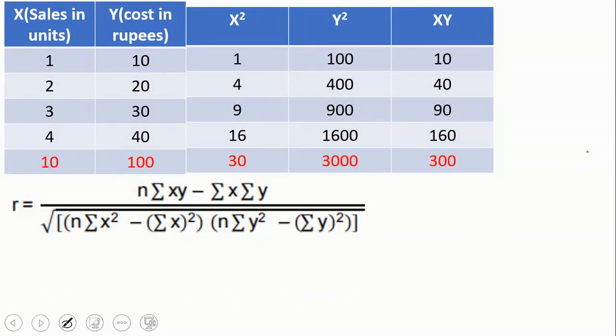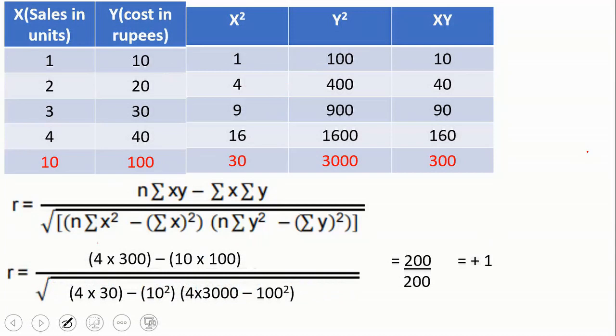So we will just substitute the figures in the formula. We have for the number of observations 4, sigma xy is 300, sigma x is 10, sigma y is 100. 4, again, is the number of observations. Sigma x squared is 30, sigma x the whole squared is 10 squared. n is again 4, that's the number of observations.